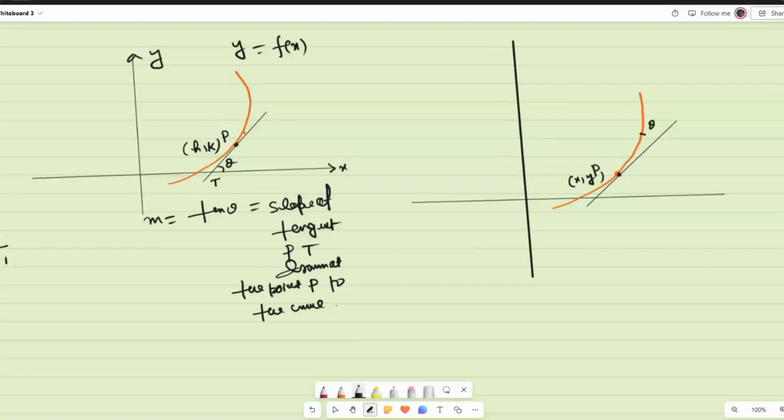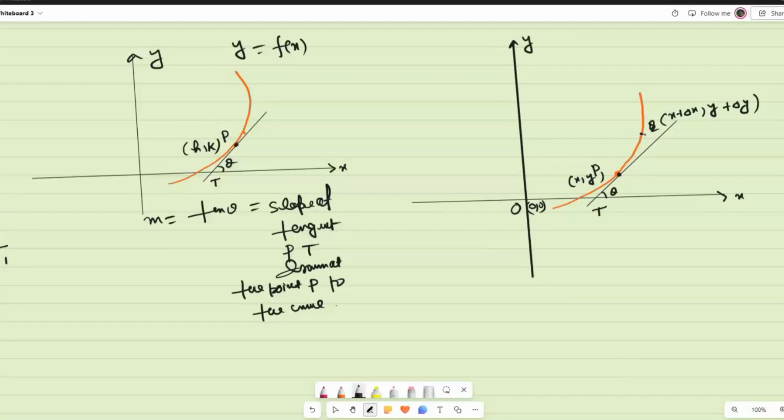Take another point on the curve, that is (x plus delta x, y plus delta y). This is the origin. We want to find the tangent of this in terms of x, y, or if it is h, k, in terms of h, k.